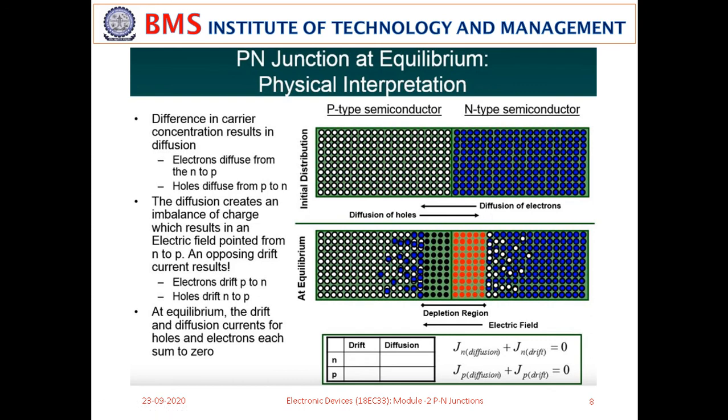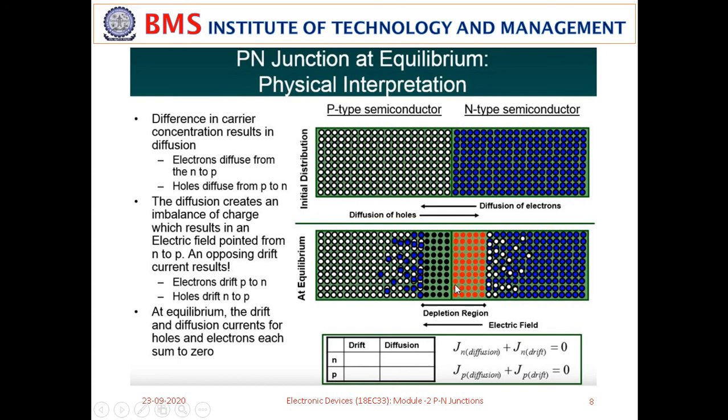Now, coming to the other thing, drift current, what you are asking. When an electron leaves its position from n side to p side, it leaves behind immobile charges, right. That is what is shown here in red color. The red color is nothing but where the electron has left its position, creating positive immobile donor ions here.